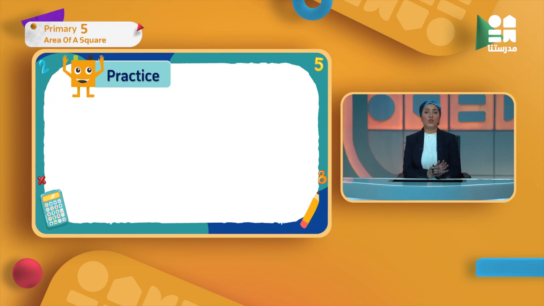Now let's move to another question. The area of a square is 36 centimeters squared. Find its perimeter.